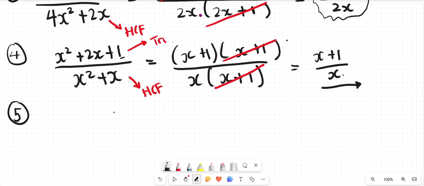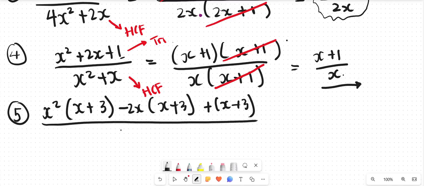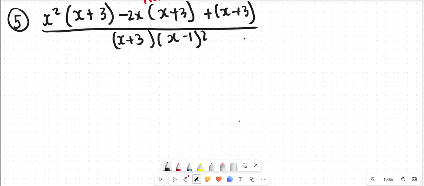to factorize the bottom. Let's look at a very complicated one. Let's kind of wrap up this segment of the video at looking at a very complicated one. Alright, so we have this question, and again, we're asked to simplify it.